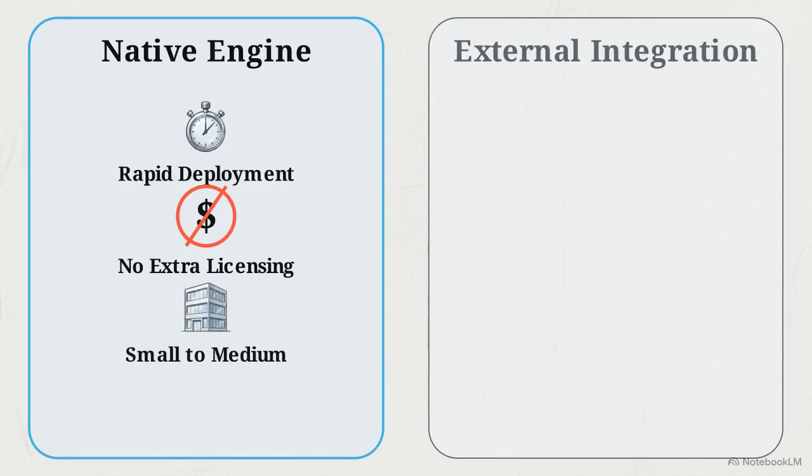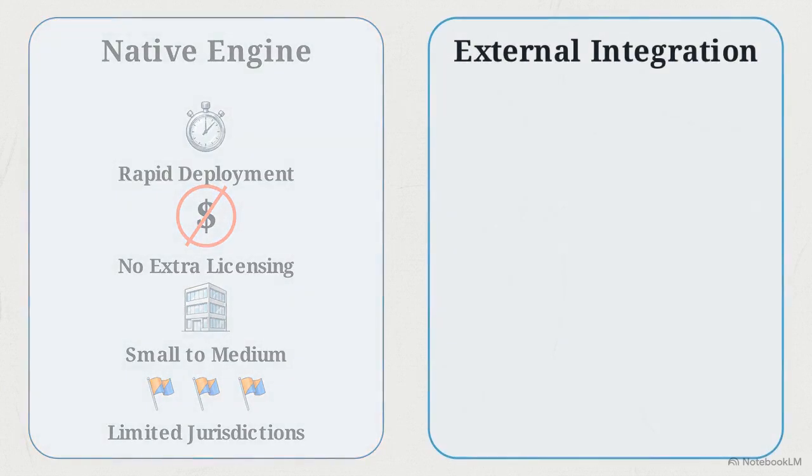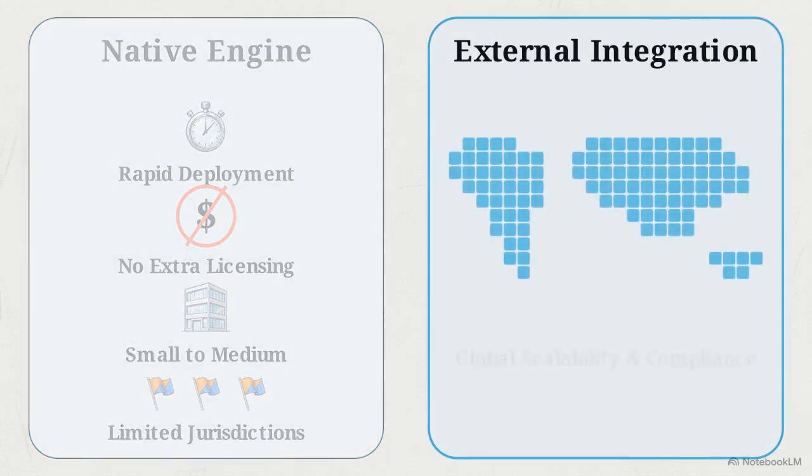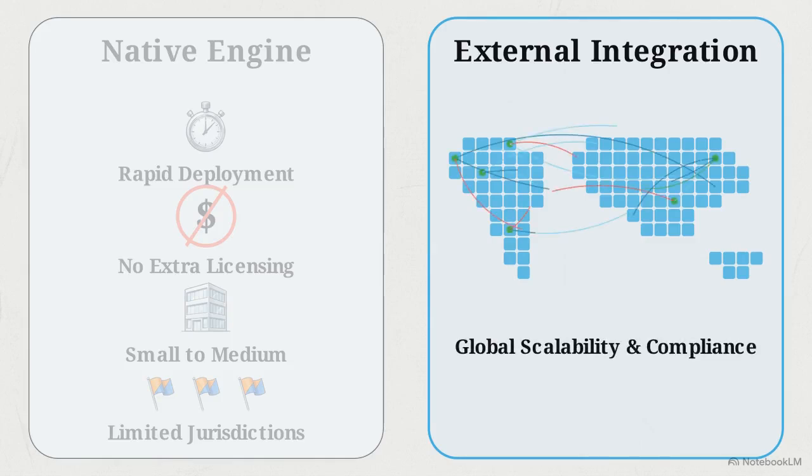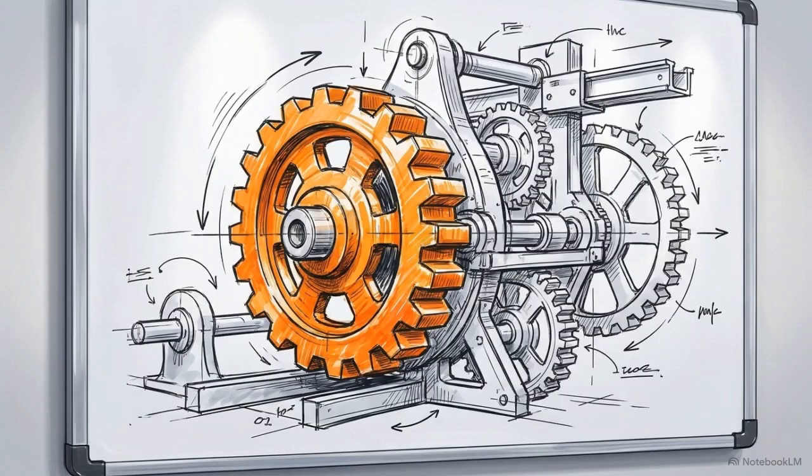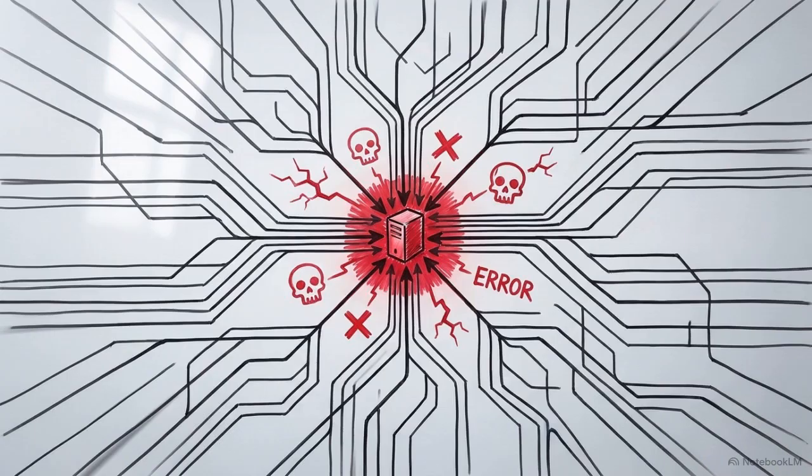It is effective for small to medium businesses or entities operating within a limited number of tax jurisdictions. But as an enterprise scales into complex, multinational tax scenarios, the native engine reaches its functional limits. At that operational threshold, integrating an external tax engine becomes necessary to maintain compliance. Selecting an underpowered engine during the initial build limits the enterprise's ability to scale globally without creating manual bottlenecks.